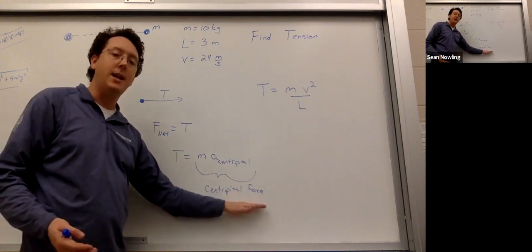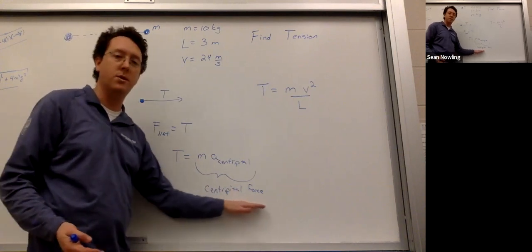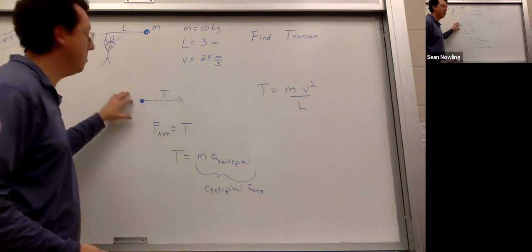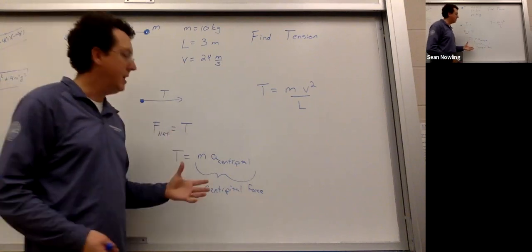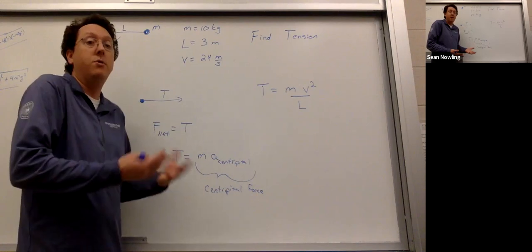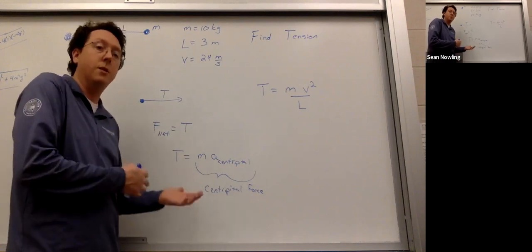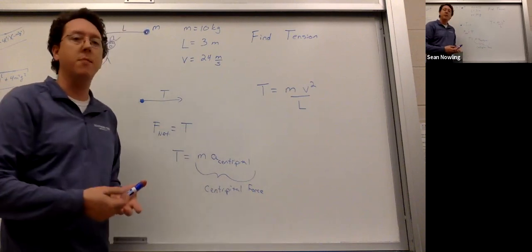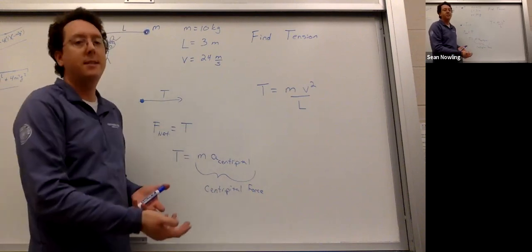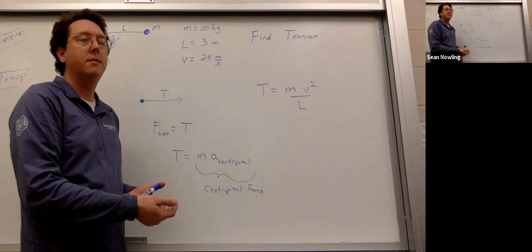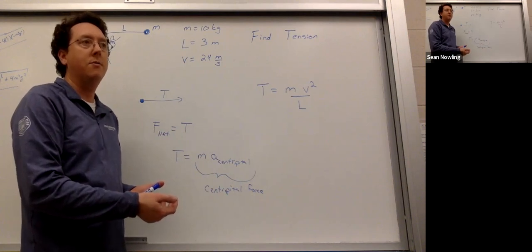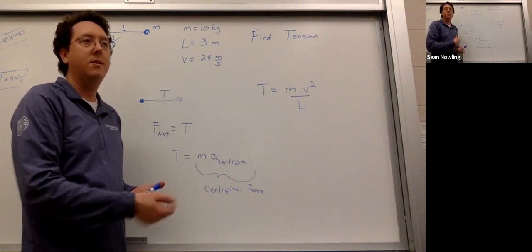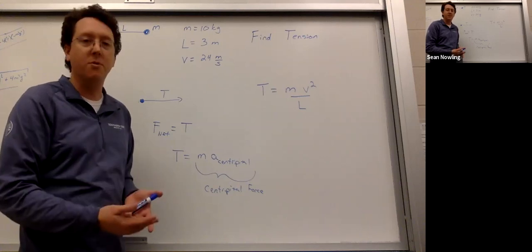It isn't actually a force that should be included in the free body diagram. It's not a real force. It's really the name we give to the net force for circular motion problems. It's not something that should be added to the free body diagrams. If you add it, then you're really double counting all of the forces, and you don't want to do that.